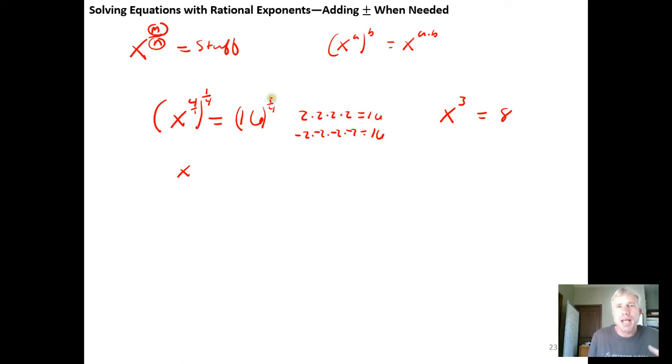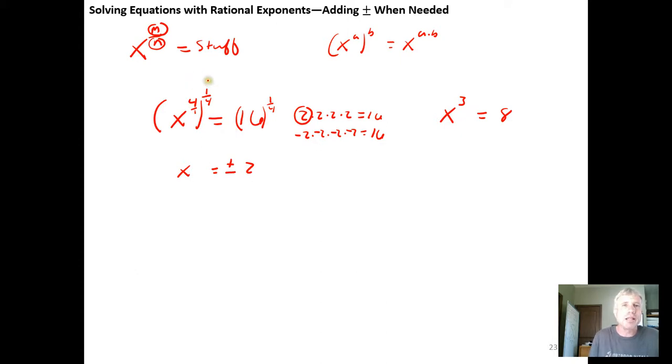But when we take the fourth root of 16, it's going to be a 2 by definition. So what we need to do is add a plus or minus in front, indicating that not only will 2, which is the fourth root of 16, generate 16 when raised to the fourth power, but negative 2 will also generate 16 when raised to the fourth power.